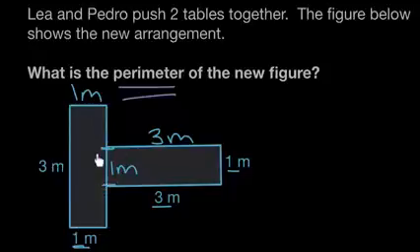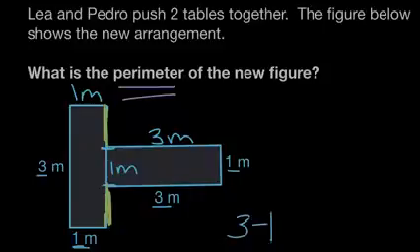But one of those meters was moved to the inside. So how many meters are still left here on the outside? We had 3 meters over here. We moved 1 to the inside, so we have 2 meters left on the outside.